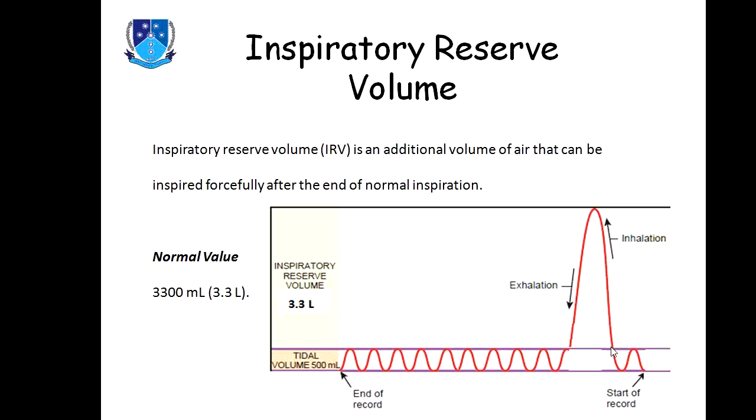So this is the volume of air which can be inhaled forcefully after the normal inspired tidal volume. This is the forceful inhalation. That is what we call the inspiratory reserve volume.